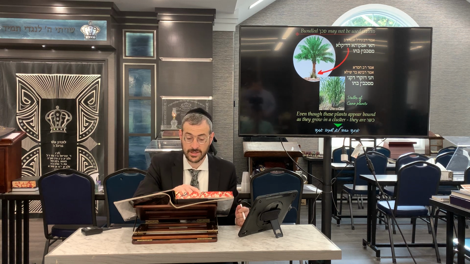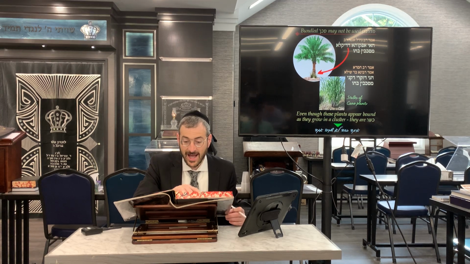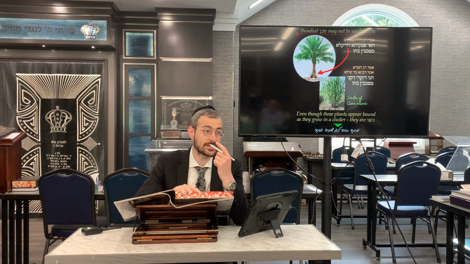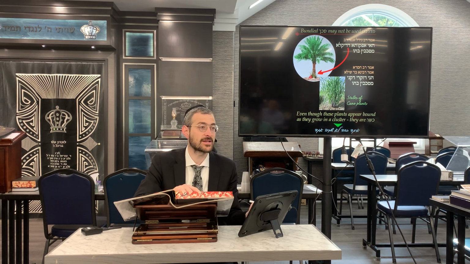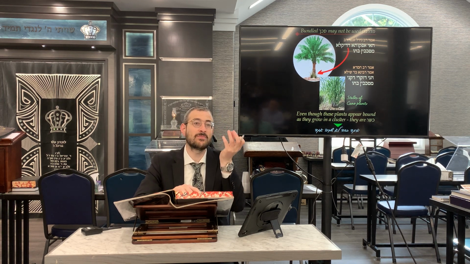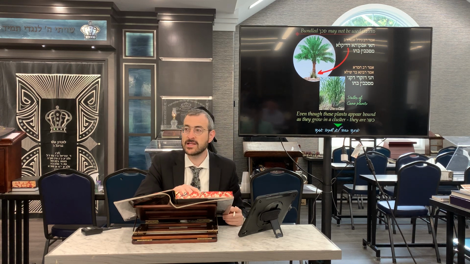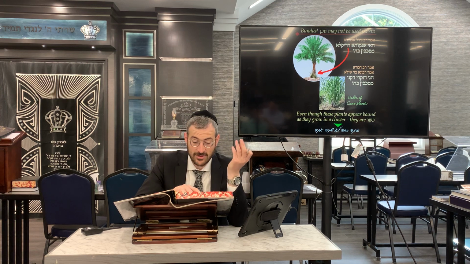And what's the chiddush in this halacha? Af al gav dagidi, although these branches, these stalks, are attached tightly together, so they appear like bundles, which we had said you can't make schach out of. From the same bottom, you have many of these weed-like protrusions, and it's a bunch of them together.